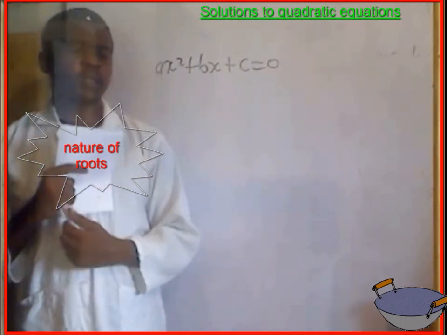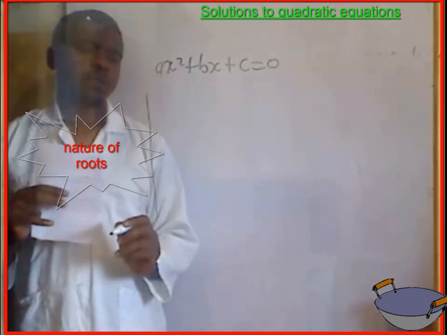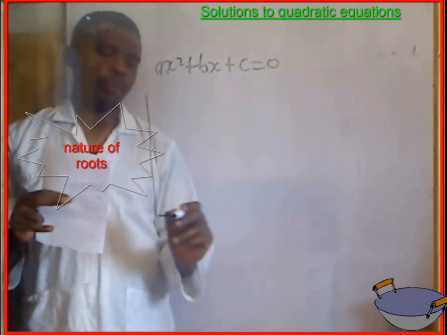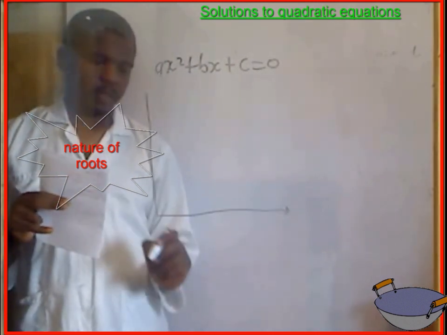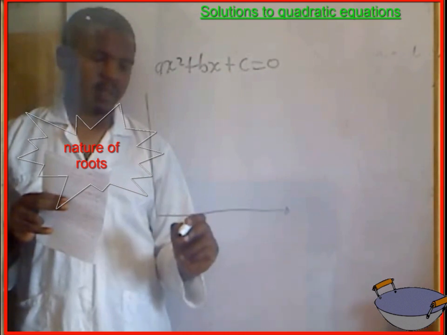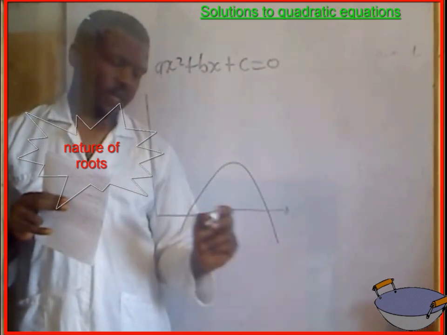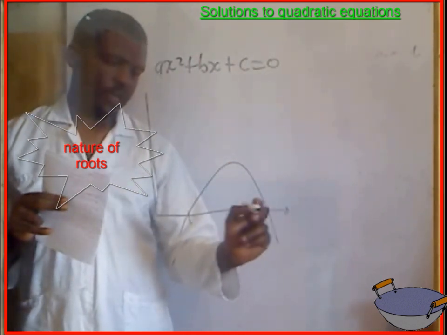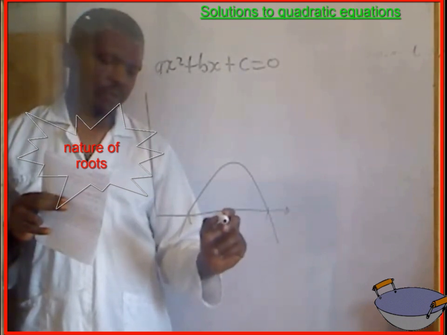In other cases, we could have an inverted parabola. So our parabola could go like this and cut the x-axis at specific points. Here we have distinct roots.